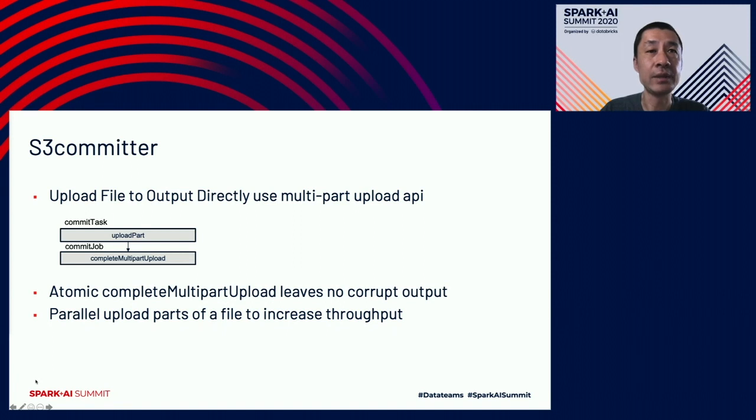This two-phase-commit-like approach will ensure there's no corrupted or incomplete file if the application fails. And in the meantime, we don't need to move any files. In addition, the S3 committer also uploads part files in parallel, so we can achieve better throughput than HDFS.